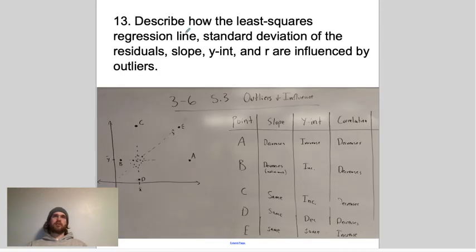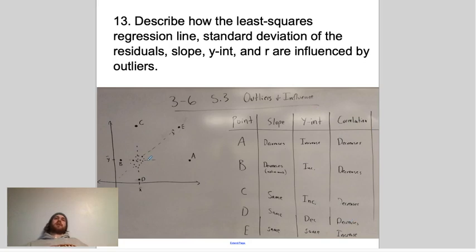13, describe how the least squares regression line, standard deviation of the residuals, slope, y-intercept, and r are influenced by outliers. I don't have standard deviation of residuals here, but basically I think it's going to follow pretty much exactly the correlation for the most part.